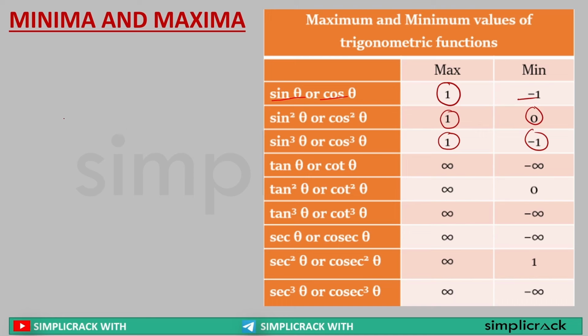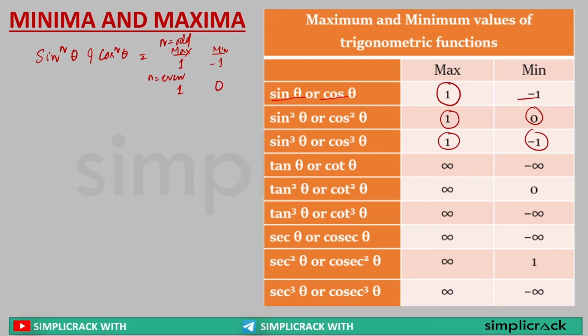That means, if I have to write this way, let's say sine n theta and cos n theta, when n is odd, maximum will be 1, minimum will be minus 1. When n is even, maximum will be 1, minimum will be 0.